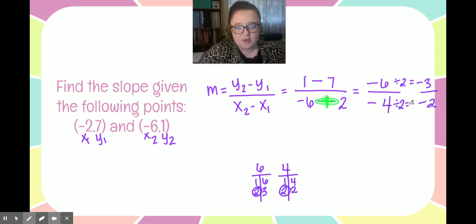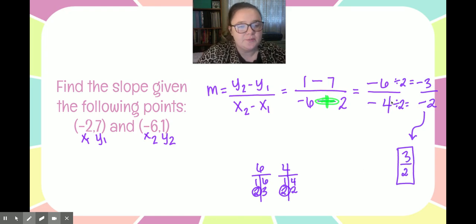And then there's one more thing. Can I leave a negative over a negative? Not really. A negative over a negative is a positive, right? Negative divided by negative is a positive. So I have to change this just a little bit. My answer is positive 3 over 2. Since it was a negative over negative, it cancels out. My slope, my final answer is 3 over 2.